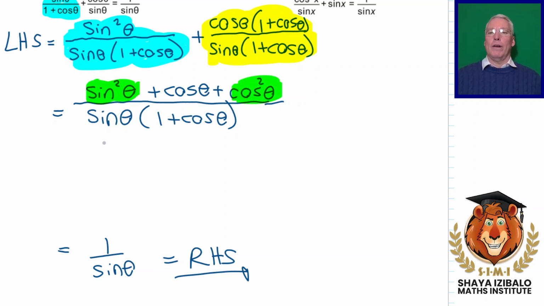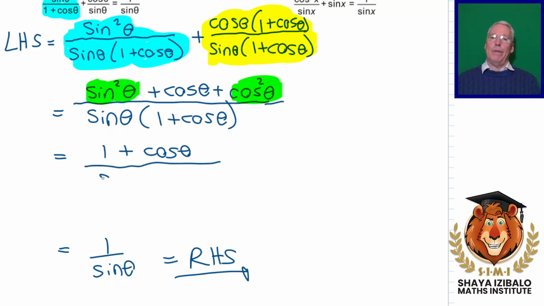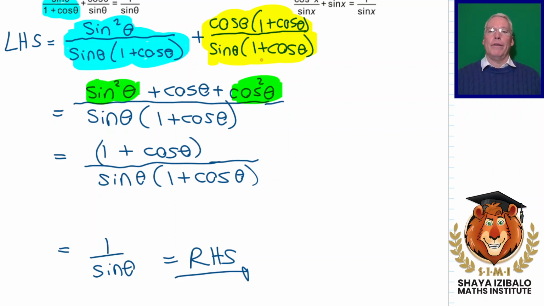So if we add the sine squared and the cos squared to get 1, we've got 1 plus cos theta on top, and on the bottom, we've got sine theta times 1 plus cos theta. And now, what can we do? We can not cancel. We can divide the whole of the top by 1 plus cos theta. It goes in once. And the whole of the bottom by 1 plus cos theta. And we end up with 1 over sine theta, which is our right-hand side.